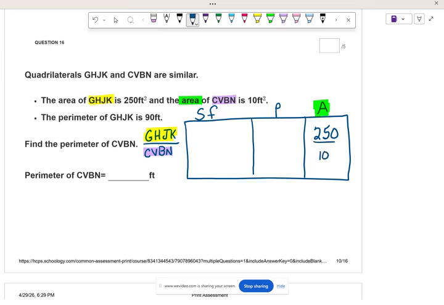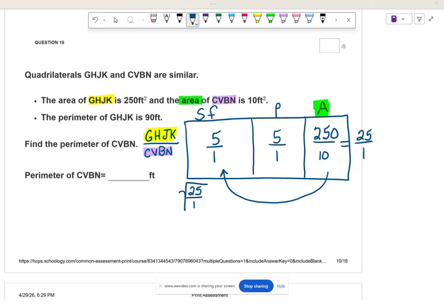We have to reduce that. 250 divided by 10 would reduce to equal 25 to 1. All right, to be in an area box, this has been squared. To take it back to a scale factor, we have to square root it. So we have to do the square root of 25 over 1. And that would give us 5 to 1. The perimeter ratio is the same as the scale factor. So the perimeter ratio would be 5 to 1.